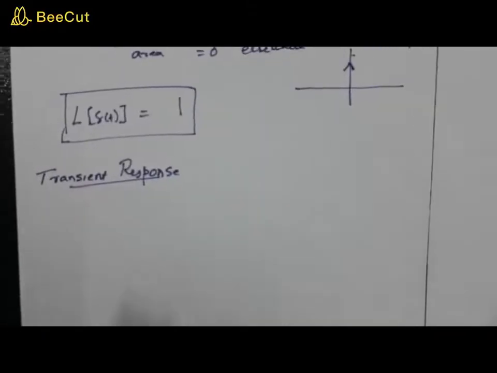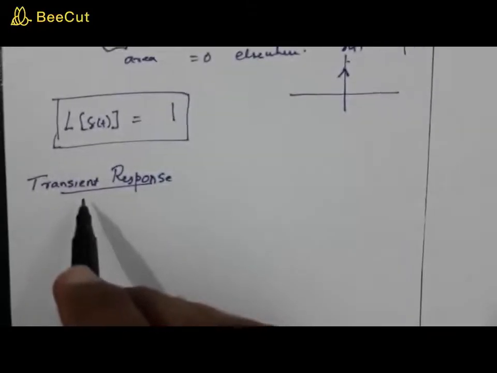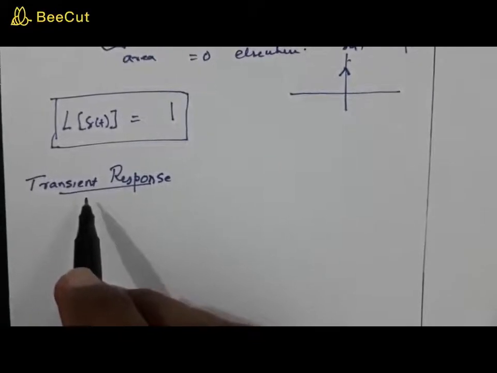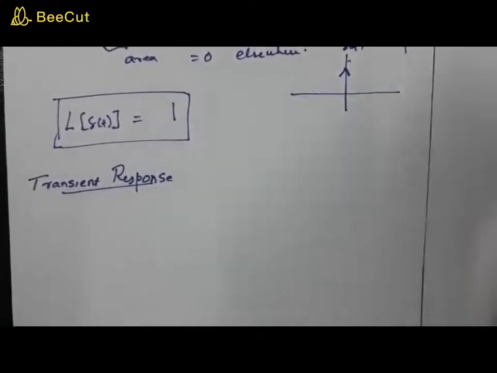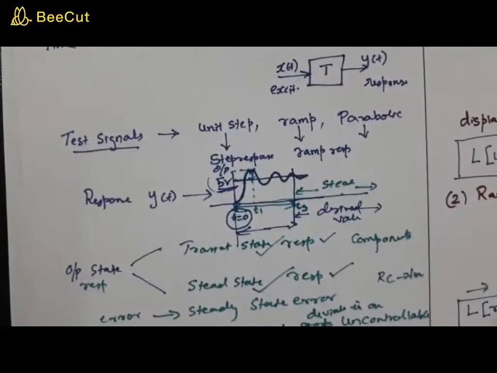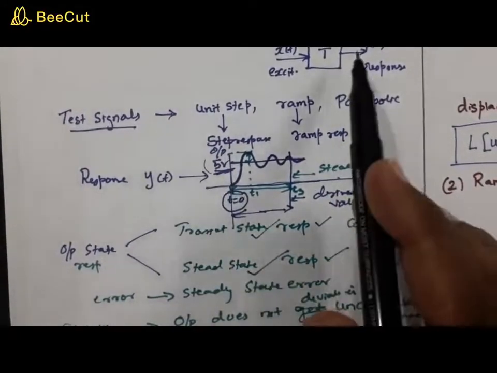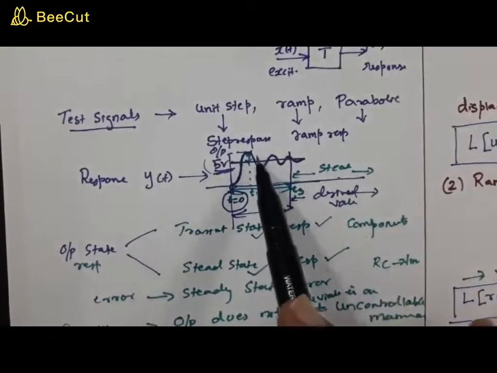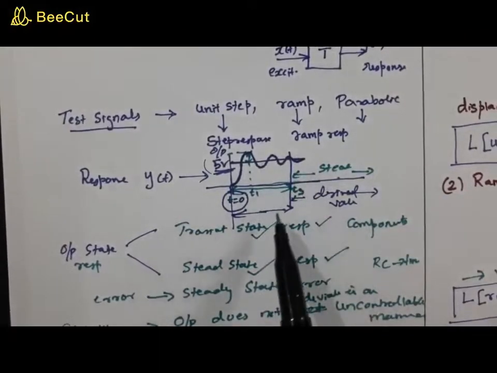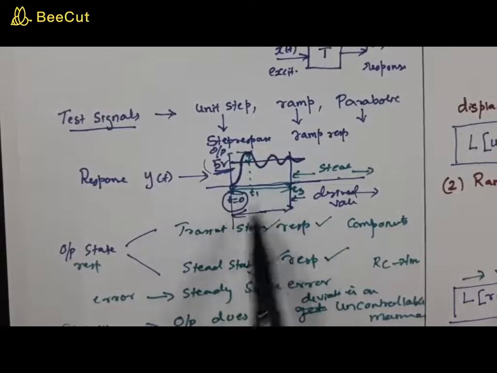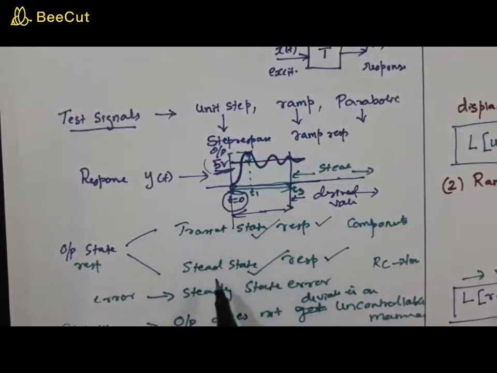Now let's move on to the next topic, that is the transient response. As I've mentioned here, the total response of a system can be divided into two sections: one is the transient state response, and the other is the steady state response.